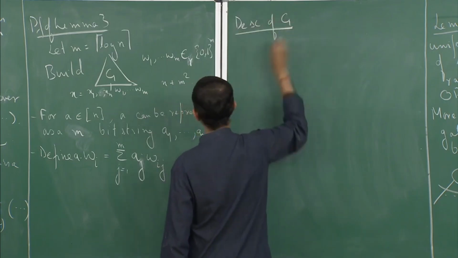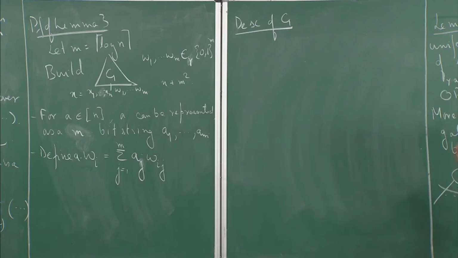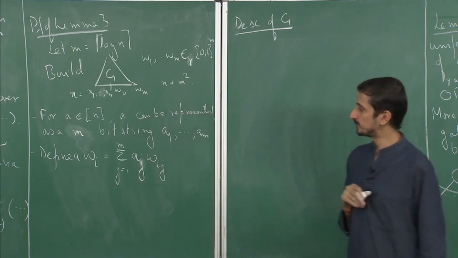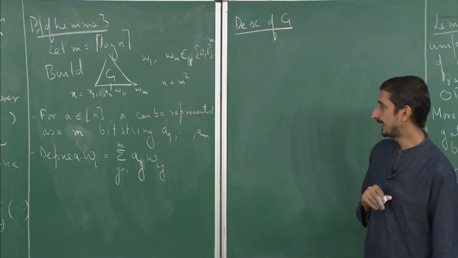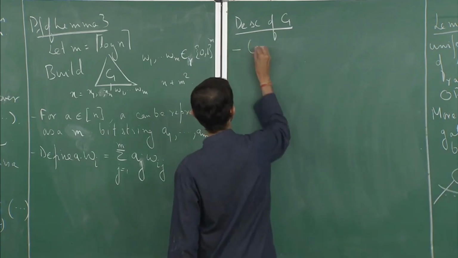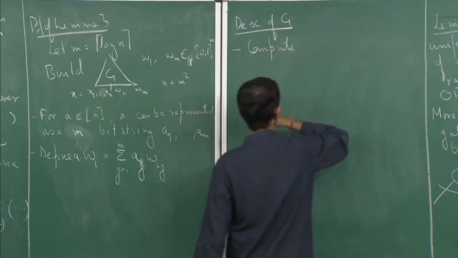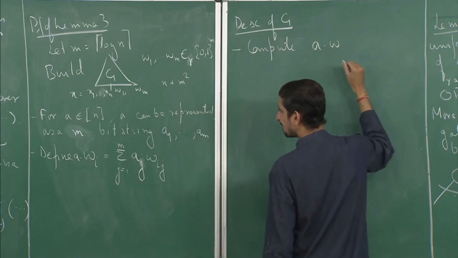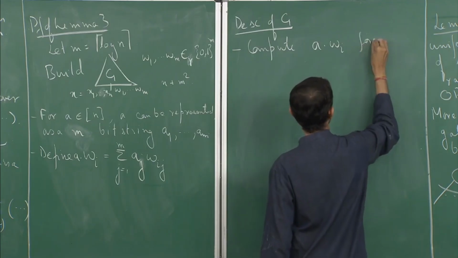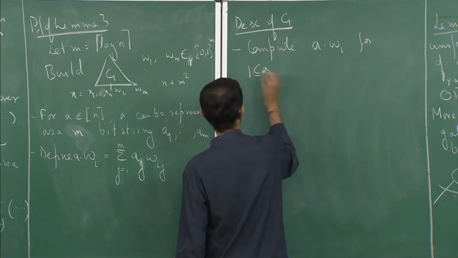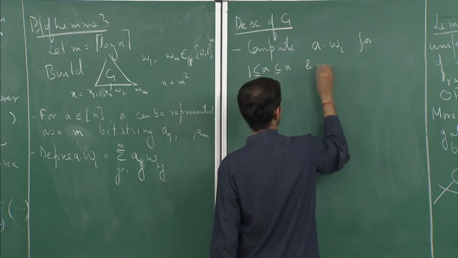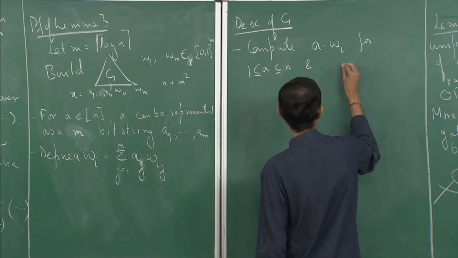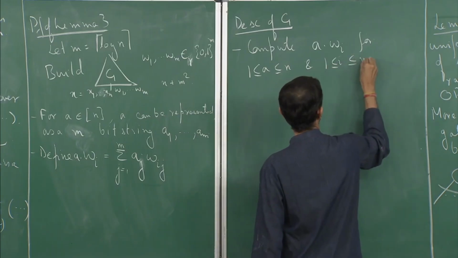Description of C1. First, what we will do is compute all these products A dot Wi, for A going from 1 up to n, and how many Wi's do we have? i going from 1 up to m.